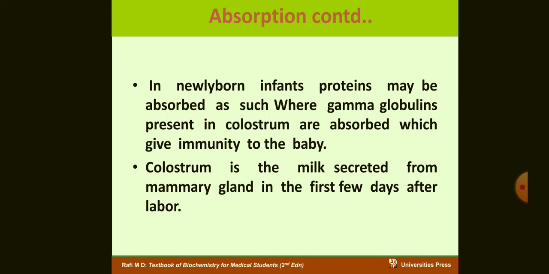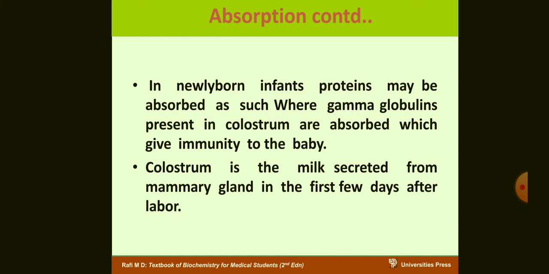Among such native proteins absorbed is the gamma globulin present in colostrum, which gives immunity to the baby. The passive immunity to the baby from the mother's milk is because of this, that native proteins are absorbed by the intestinal mucosa.